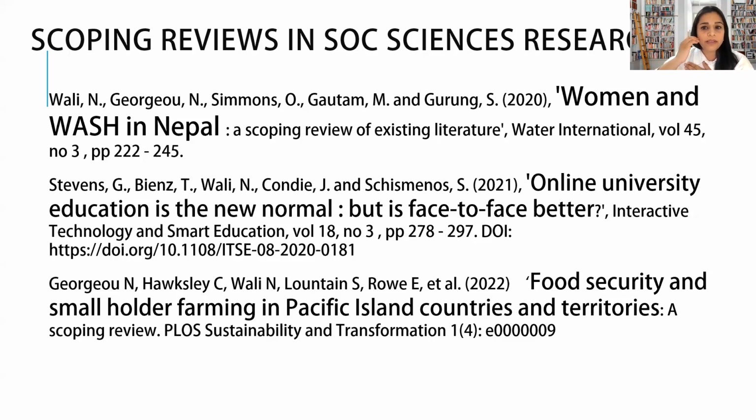The second is around face-to-face versus online teaching. This was during COVID, and this was led by a colleague, Gary Stevens. It looked at the preference and what the literature is telling us around online teaching and face-to-face teaching. Again, it was a scoping review of literature, broad, but it helped us identify where this literature is taking us.